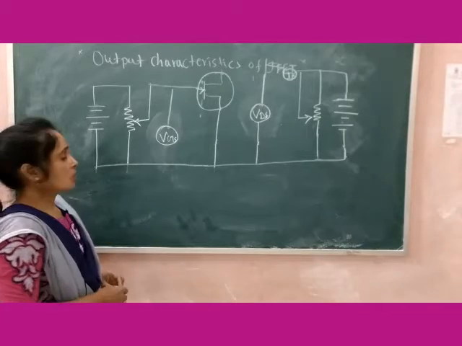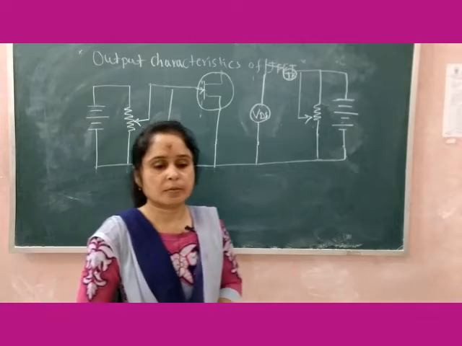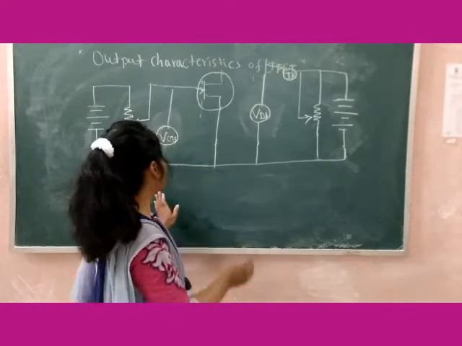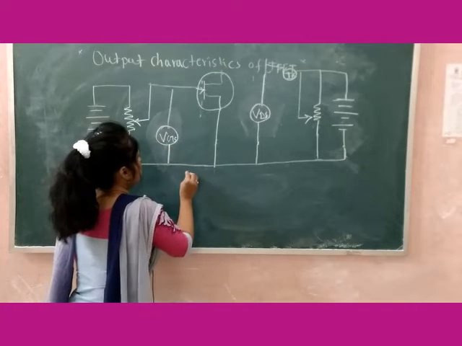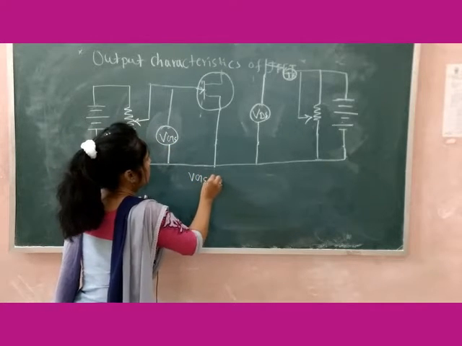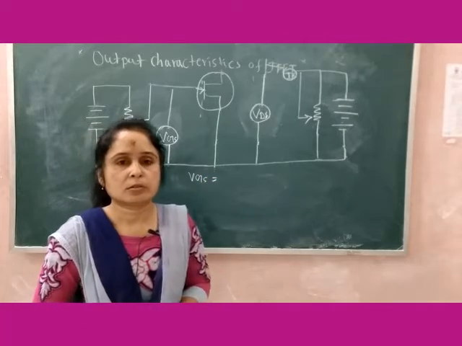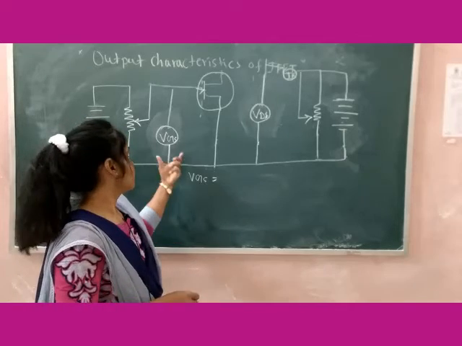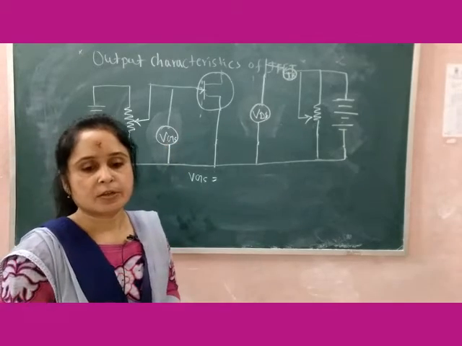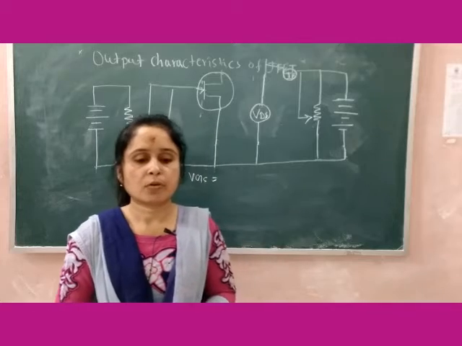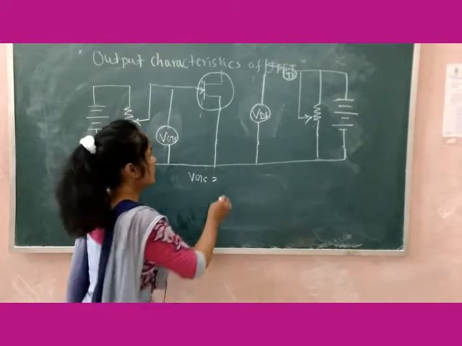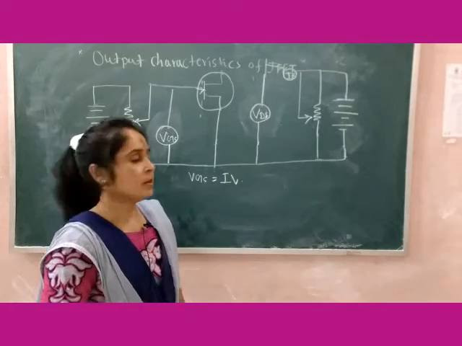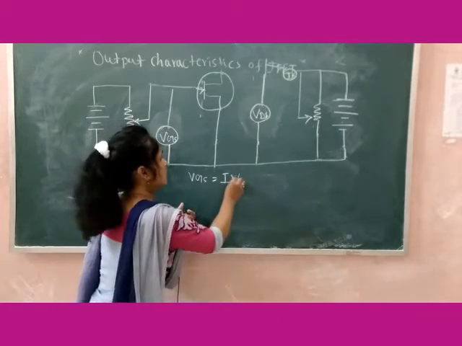Here we indicate that VGS is equal to the current across these circuits. We find VGS, which is the input voltage, and that is the current across these circuits.